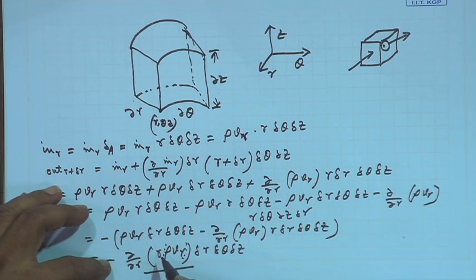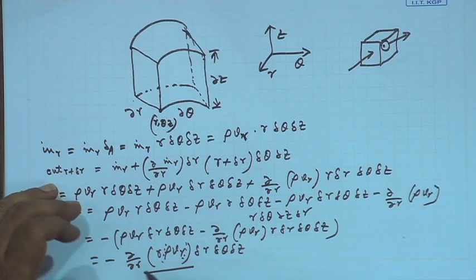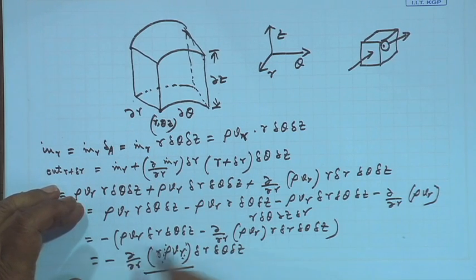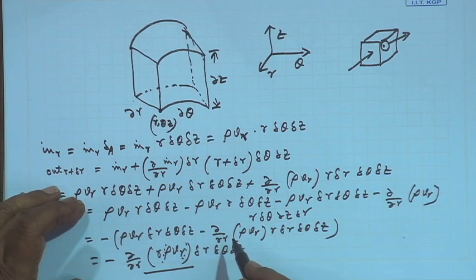In one case r is constant, then on expansion it is coming r, right. Obviously in both the cases a negative sign is there. So in one case it will be r del r of rho V r del theta del z, right.